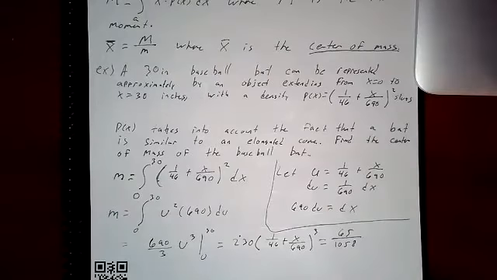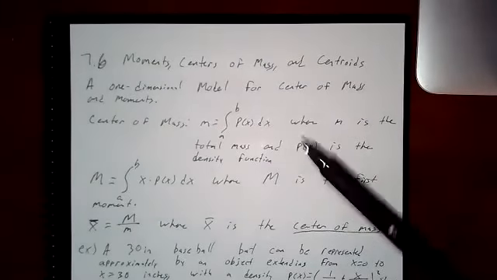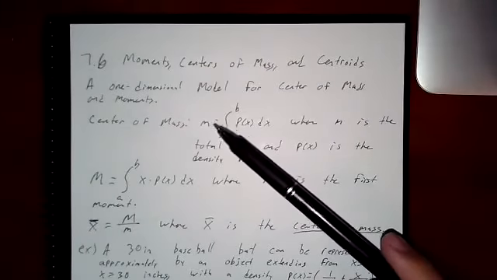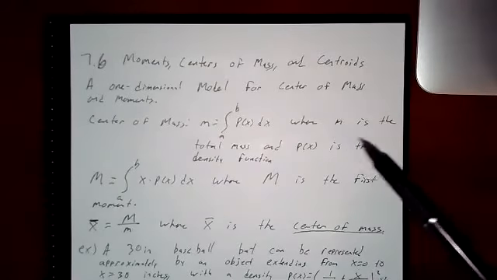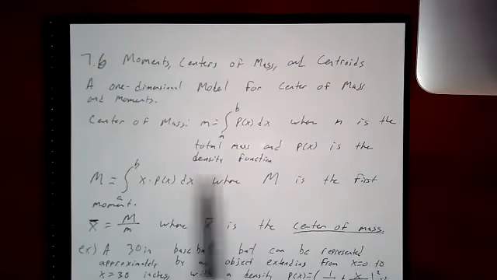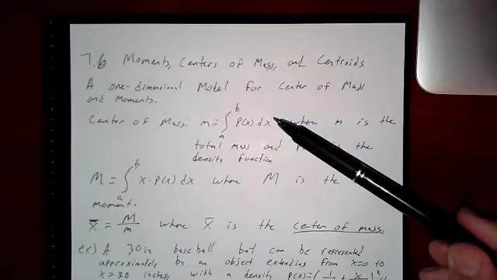We go back to the notes. We said little m, where little m is the total mass, and p of x is a density function. I'm sorry. So center mass is just incorporating all this. I misread my own notes here.